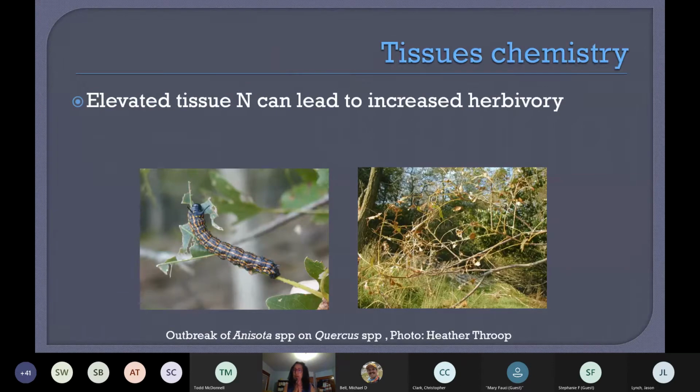Okay, so one of the responses that we see is elevated tissue nitrogen, which can lead to increased herbivory. This can lead to alterations in the structure and composition of the system, for example, in this instance on oak species in Long Island with a pretty major leaf loss.